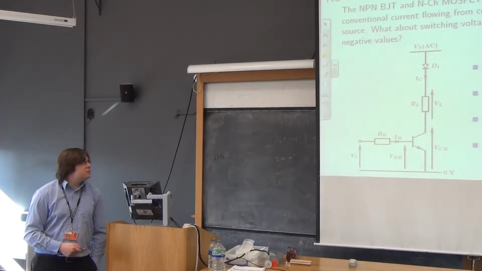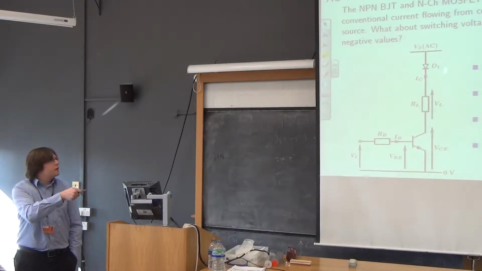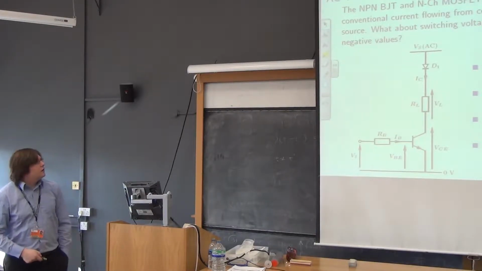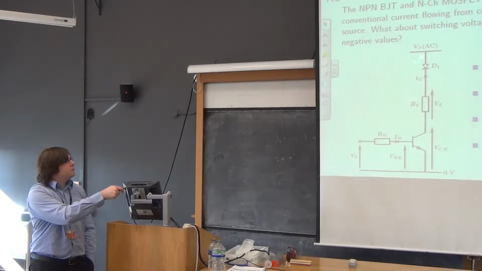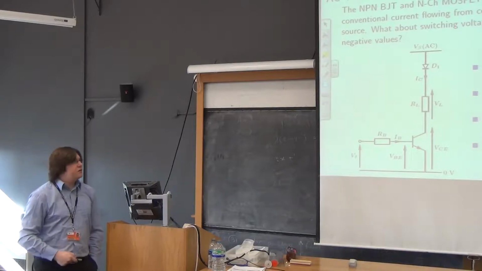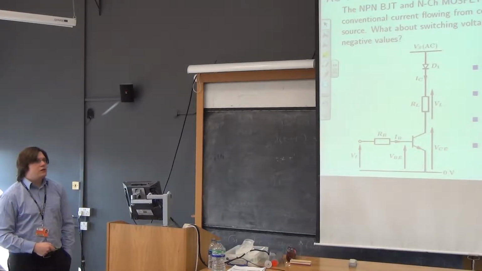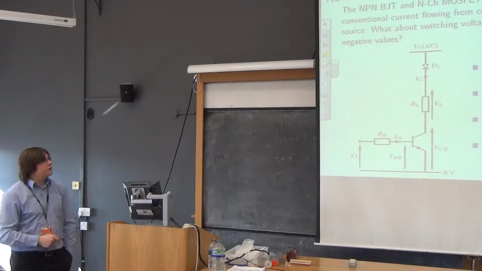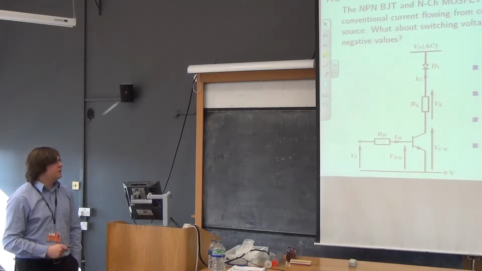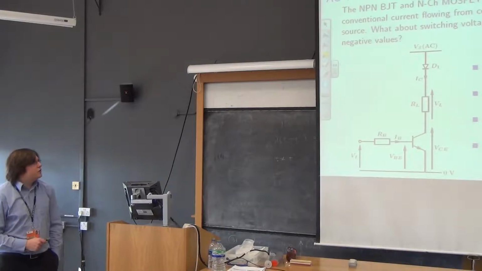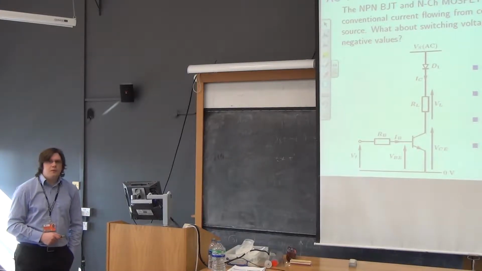Well, the simplest possible case is just to add a diode, and this will only conduct when we've got more than 0.7 volts here bigger than there. So if you've got an AC signal driving your base, you can only have conduction of current down the page. Fair enough. The only trouble is that only provides half-wave rectification.